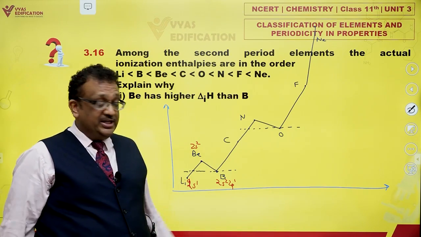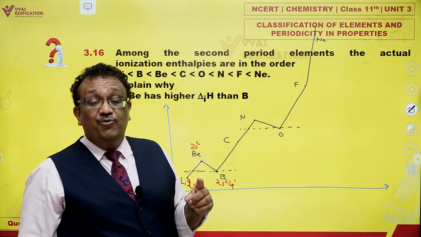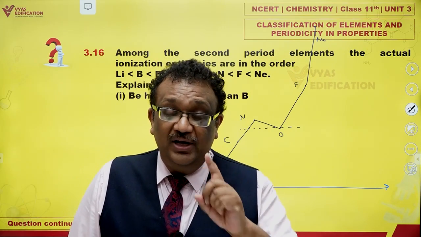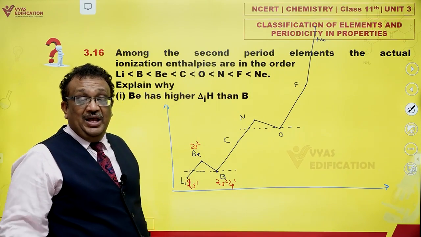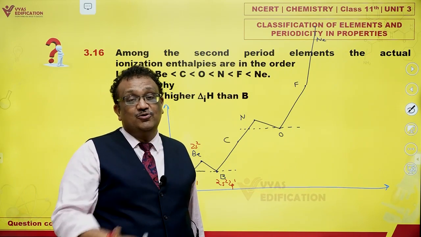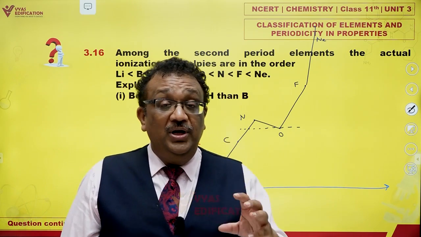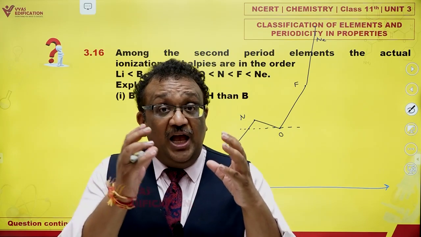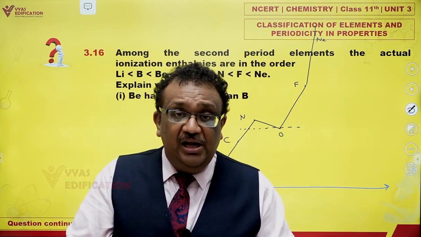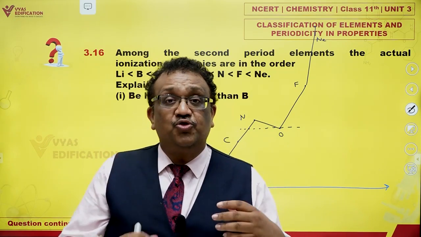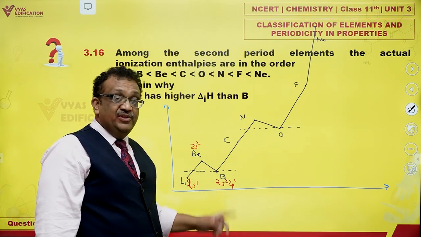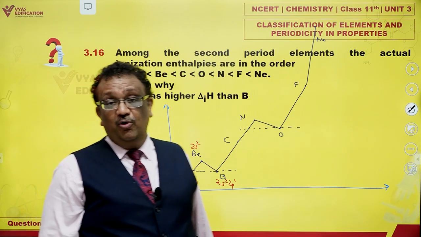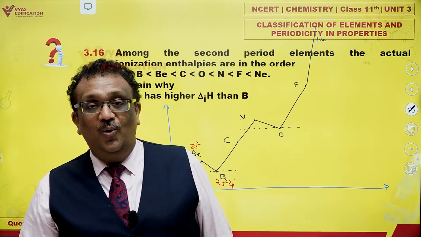It is because in the case of beryllium, the electron is being removed from the s subshell. The s subshell is closer to the nucleus, and the electron in the s subshell is held more tightly. It's attracted more strongly by the nucleus as compared to the p electron, which is going to be removed in the case of boron.